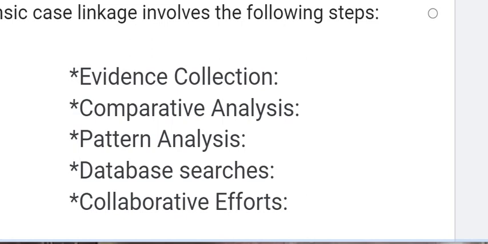So another thing, the fourth one, is database searches, where we have a database, because it's not every nation of the world that has an established database for crime data. But in a case where you have a database, then you use database searches. Forensic databases are used to search for matches or similarities in forensic profiles.